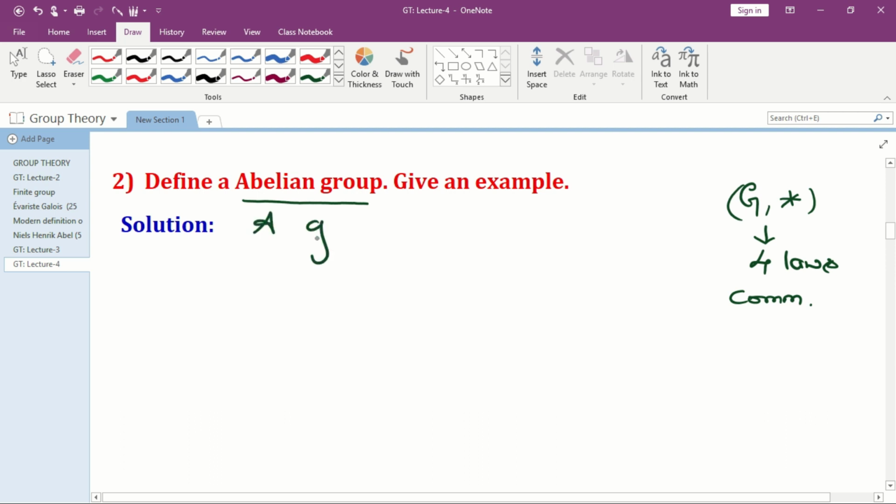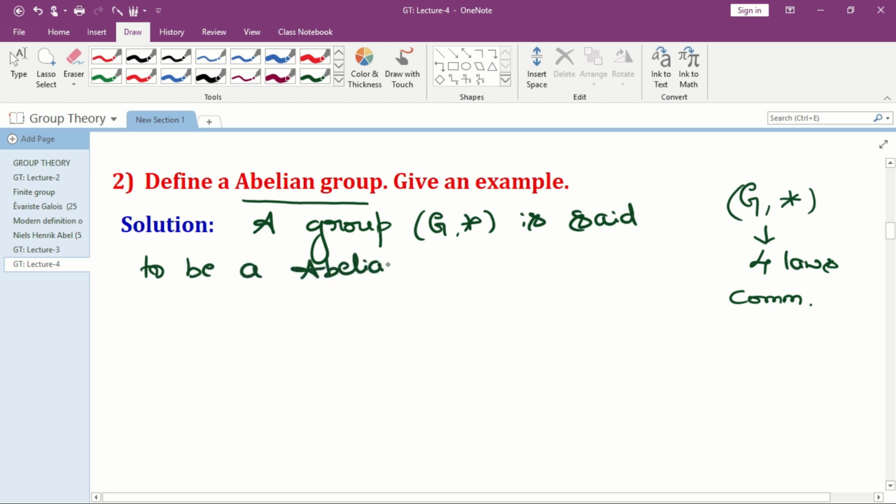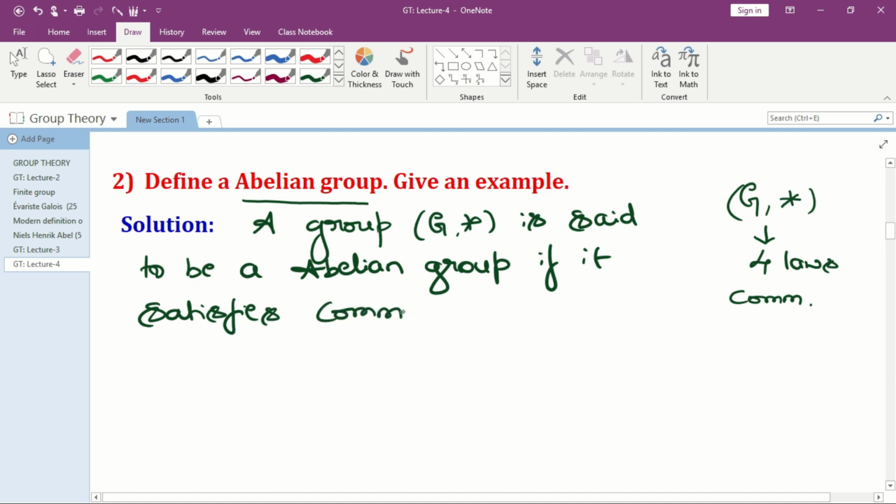So we shall start like this: a group (G, star) is said to be an Abelian group if it satisfies commutative law.